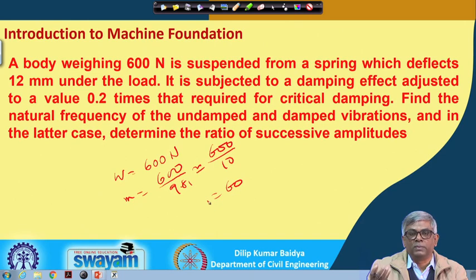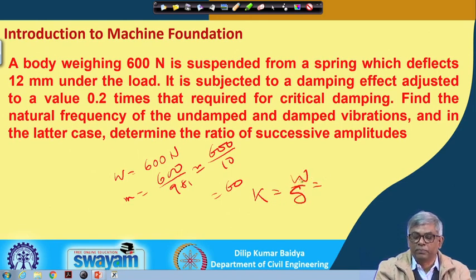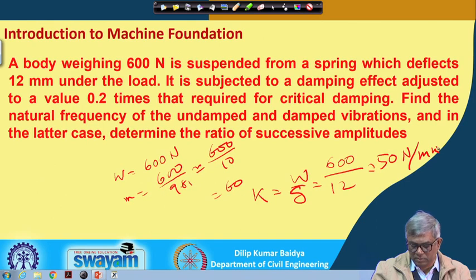The load is given and the deflection is given. The definition of stiffness is load by deflection. So, that means your load is 600 and your deflection is 12. Okay. So, it will give you 50 Newton per millimeter, is it not?